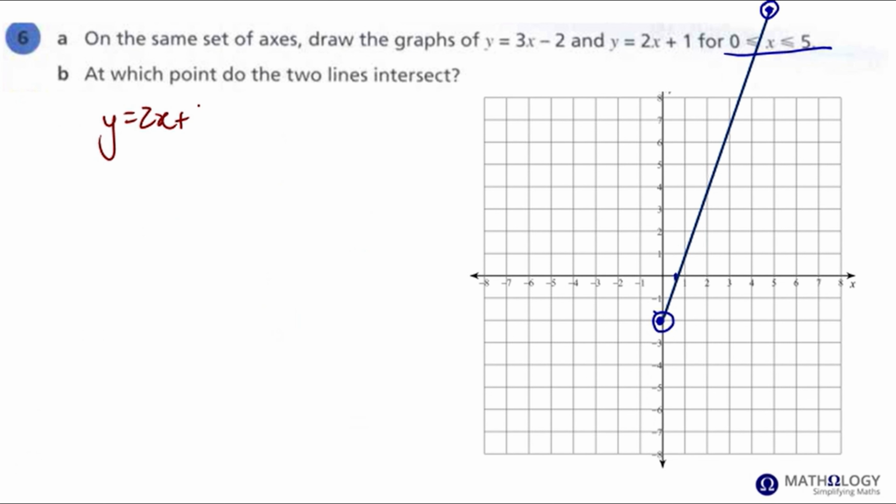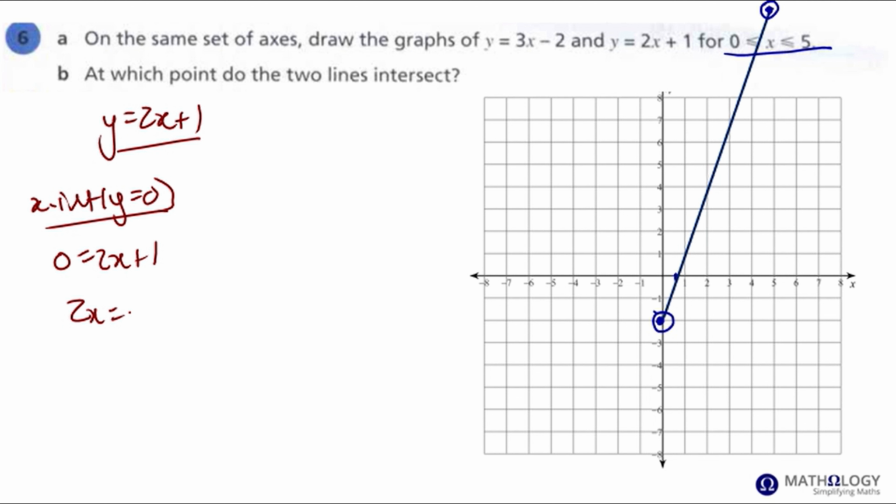y equals 2x plus 1. For the x-intercept, y equals 0, so 0 equals 2x plus 1, 2x equals minus 1, x equals minus a half. So the x coordinate is minus a half, the y coordinate is 0, and this is your point.